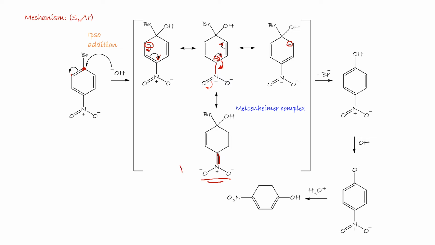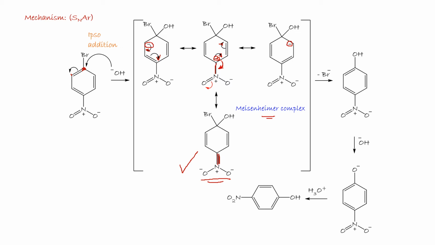The contribution of this resonance structure is very important, stabilizing the Meisenheimer complex. And the difference between the Meisenheimer complex and the sigma complex we have in electrophilic aromatic substitution is that here it is a negatively charged intermediate, whereas it is positively charged in the sigma complexes.